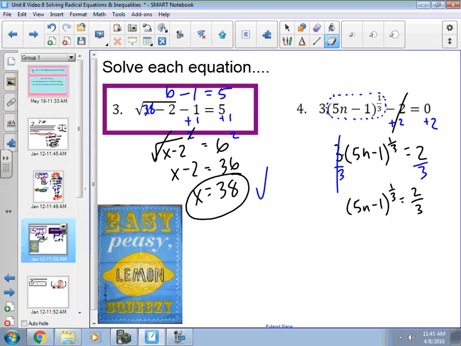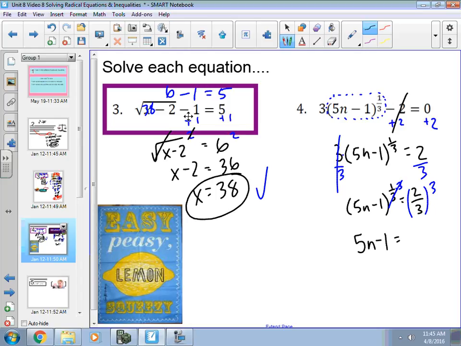So we want to take both sides here to the power of 3. Both sides here are going to get taken to the third power, because 1/3 times 3 is 1. So now that's just to the first power. This is just 5n minus 1 on this side. On the other side, we want to cube 2/3.